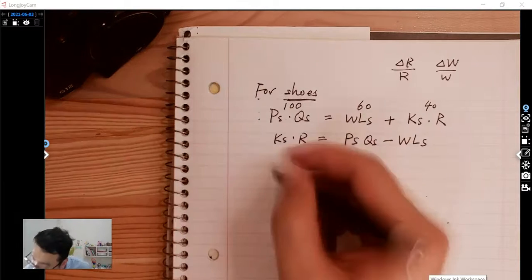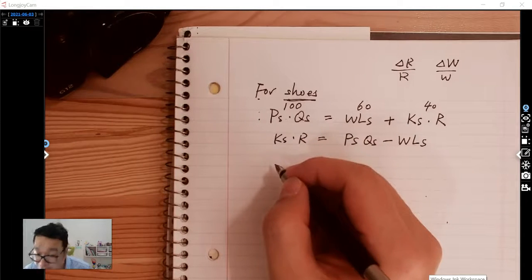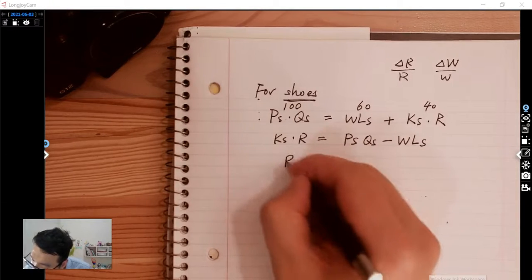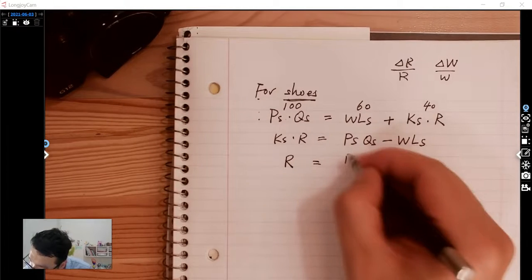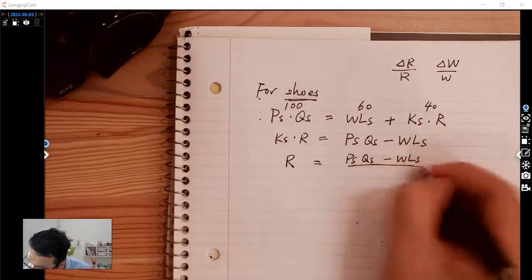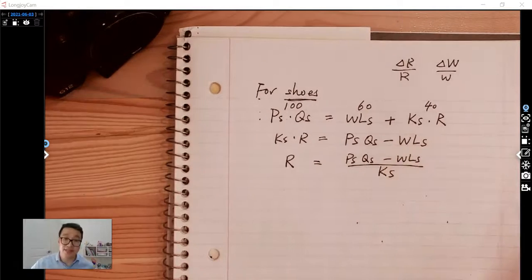And then what we do here is we can single out R equals PS times QS minus W times LS, divided by KS. That's the second step.